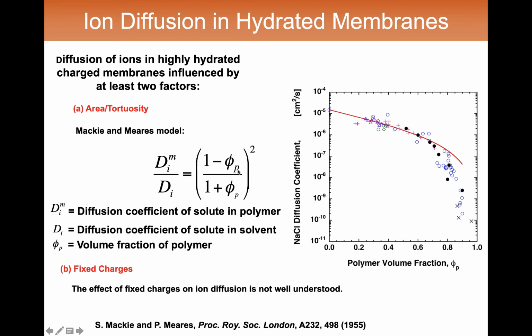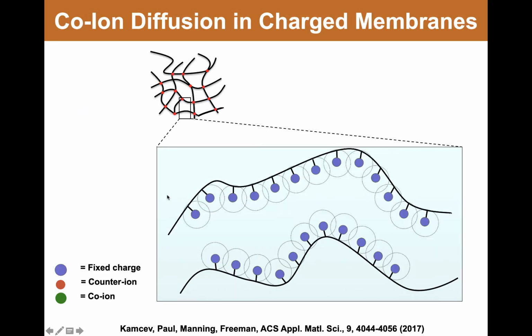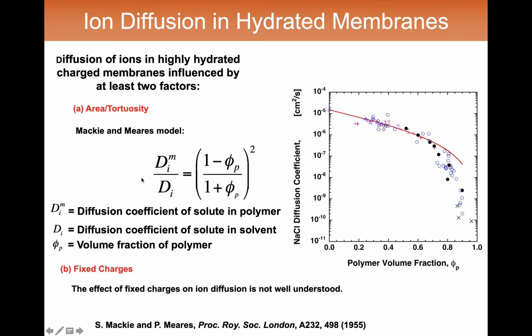Now, in these systems, there's often very little salt on a volumetric basis, even at high concentrations, and so 1 minus phi p is the volume fraction of water in the material. So again, like the free volume model, you see a model linking diffusion coefficients of solutes with the water content in the membrane. Now, these diffusion coefficients of, say, ions in water, you can go to a handbook to simply look those up, and so those values are tabulated.